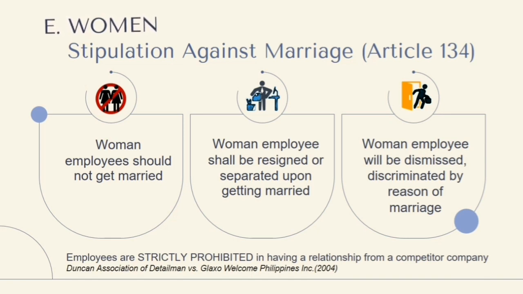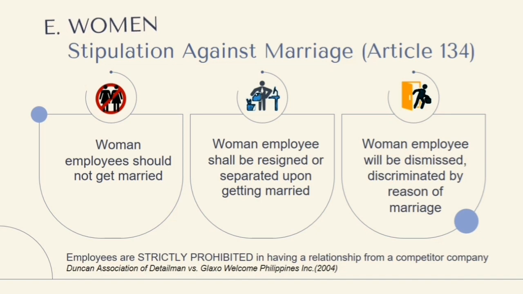In addition, class, employees are strictly prohibited from having a relationship with a competitor company. So you can refer to the case between Duncan Association of Detailman versus Glaxo Wellcome Philippines Incorporated in 2004.